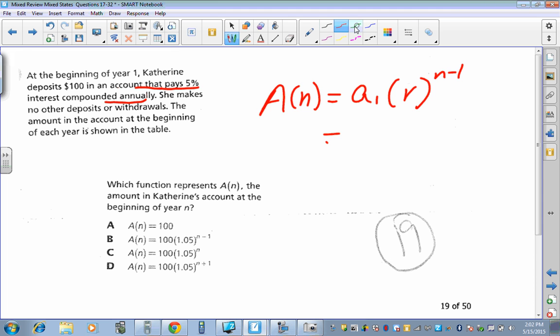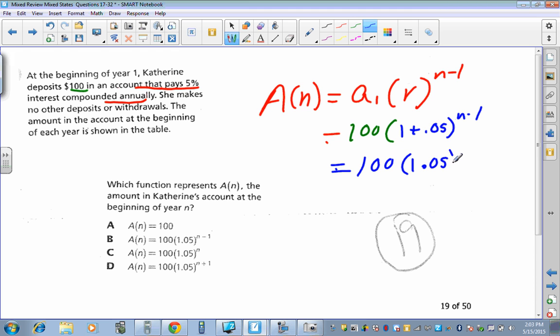So a1 would be the first year, that's $100. Your common ratio is 1.05, because she will get 100% of the money back that she had already put in, plus she'll make 5% more each year. We use that as a decimal. So the answer is going to be 100 times 1.05 to the n minus 1.